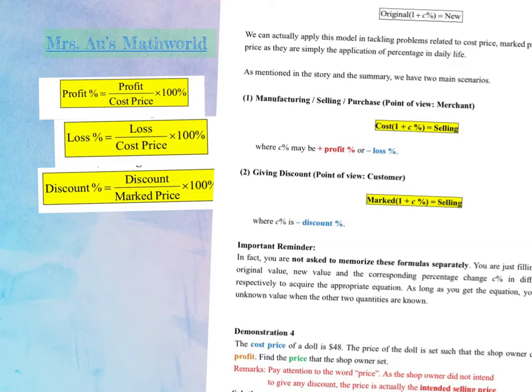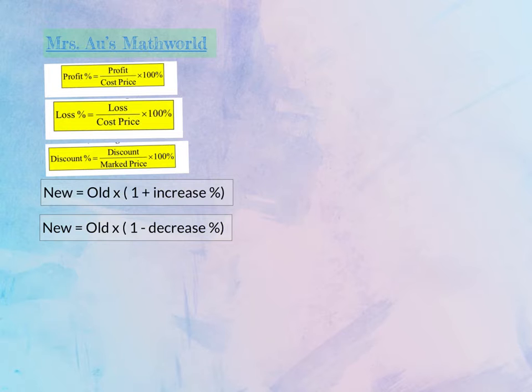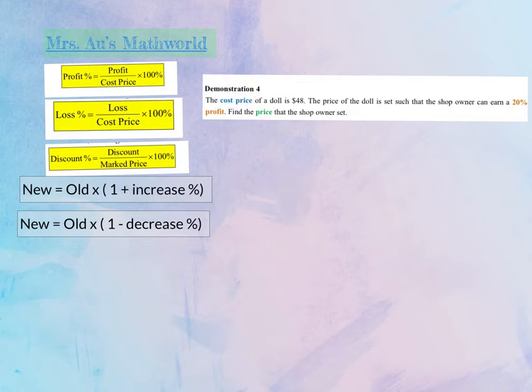Similarly, market price is from the point of view of the customer first, and then multiply by 1 minus discount percentage to get the selling price. Remember, the new price is always calculated from the original one. We shall use these sets of formulas to do the calculation.